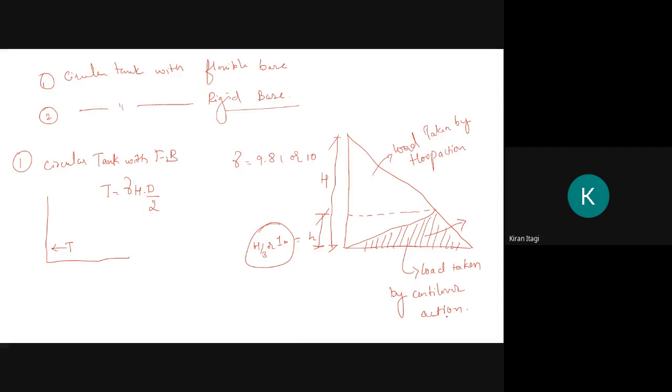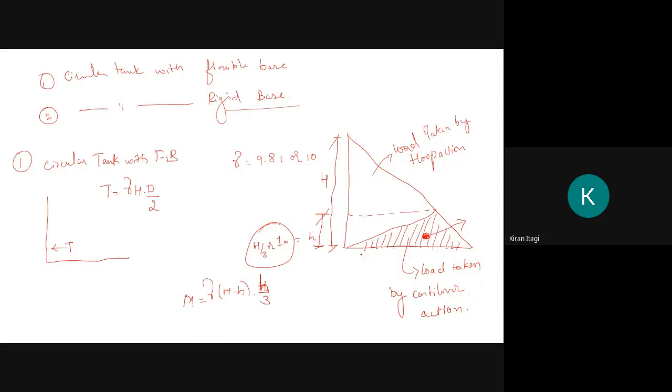Here we will calculate the moment, that is, the load over (H minus h) acting at one third the height. One third the height means at this point the moment will be acting due to the cantilever action. So the moment is force into perpendicular distance.